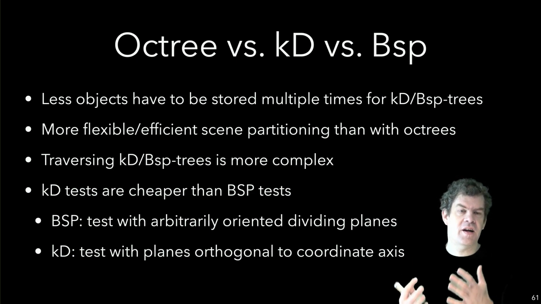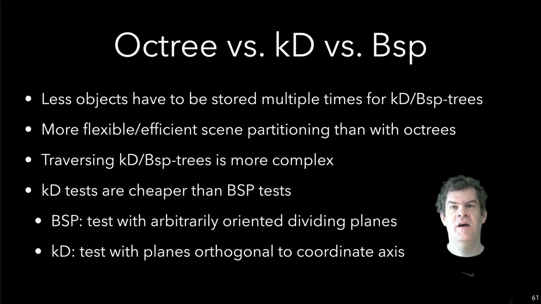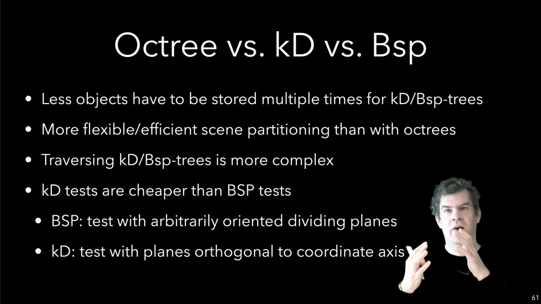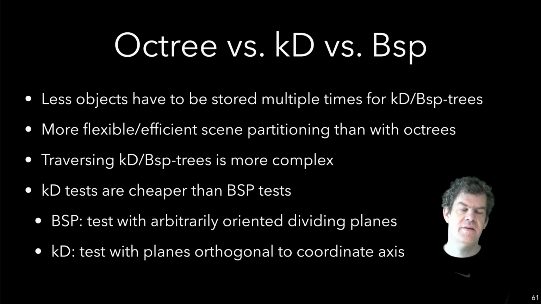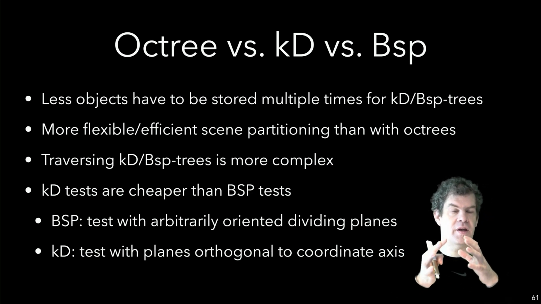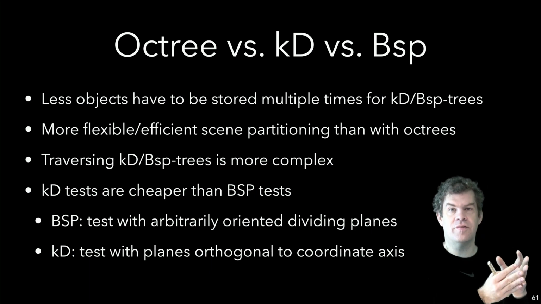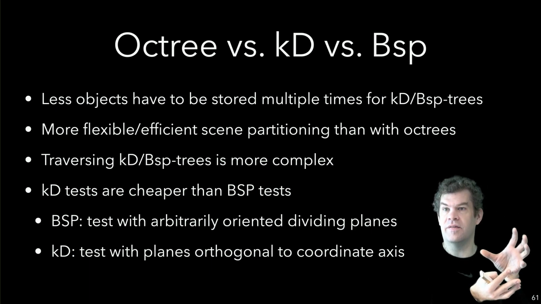I can tell you what's currently the hottest topic, and that's a hybrid approach between KD trees and bounding volume hierarchies. You would use trees and then, instead of putting triangles into the trees, at some point you put hierarchies of bounding volumes into the tree.